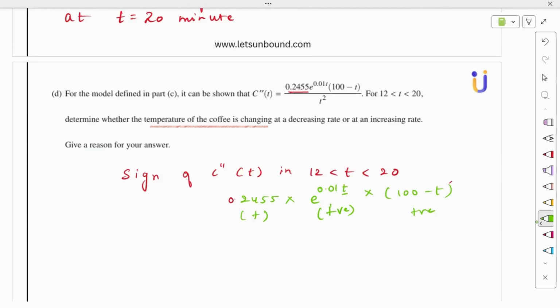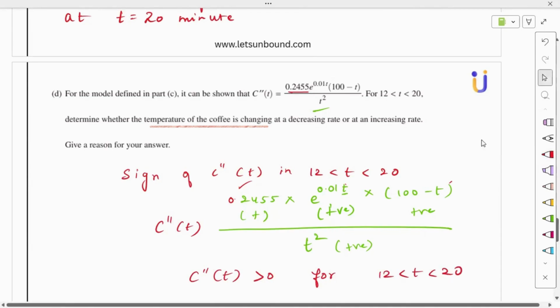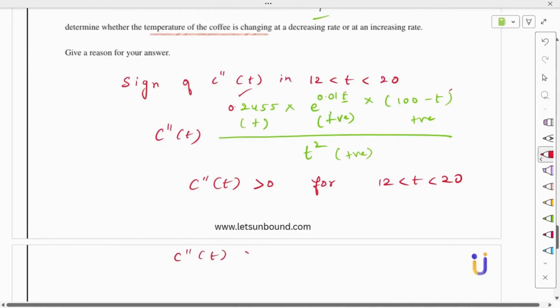So the numerator is completely positive, divided by the denominator t squared, which is always positive. So in the interval, everything will be positive. C''(t) is always positive, there is no negative. It's greater than 0 for 12 to 20. Now that C''(t) is greater than 0, what can you say?